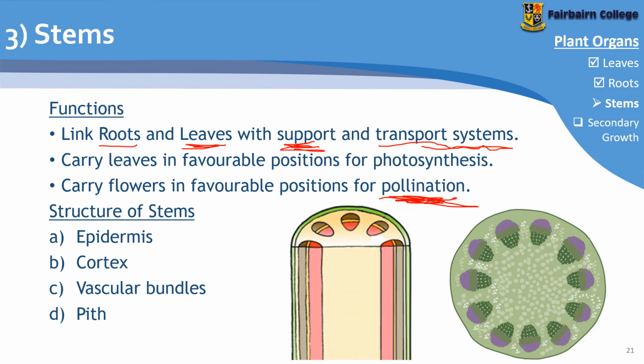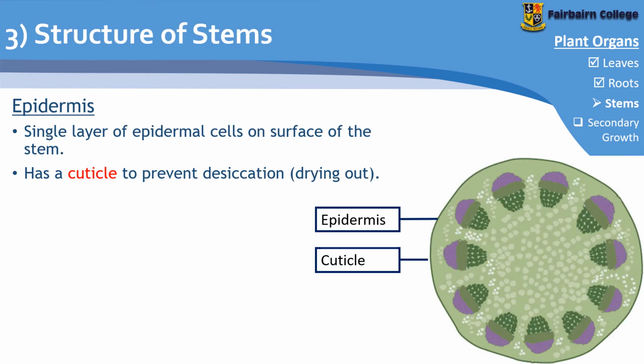The four areas of the stem that we're going to look at are the epidermis, the cortex, the vascular bundles, and then the pith. The first area of the stem, similar to the leaves and the roots, is the epidermis, found along the surface of the stem. It is made from epidermal cells and is the outermost layer.